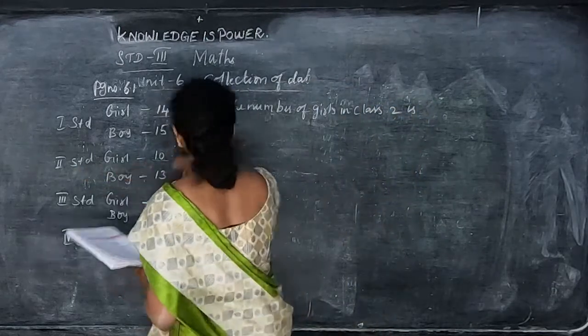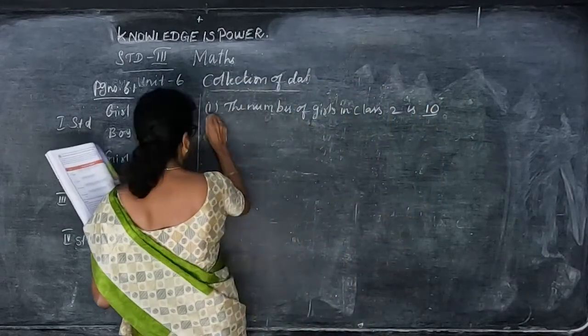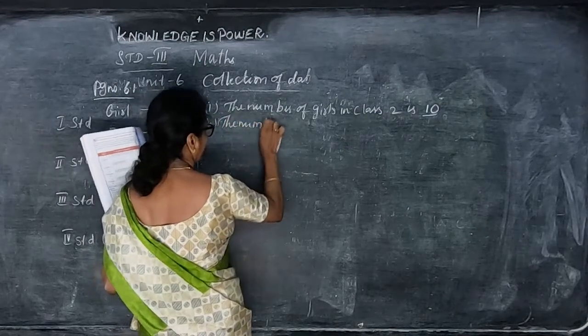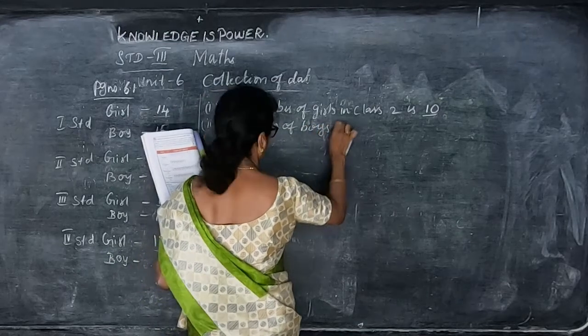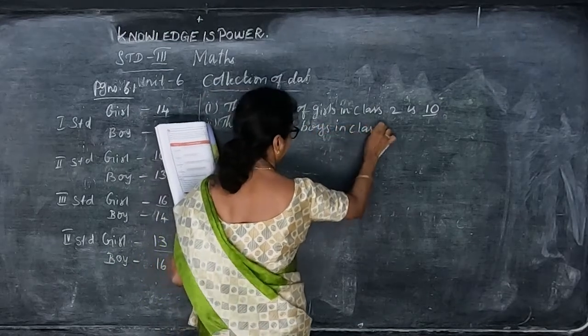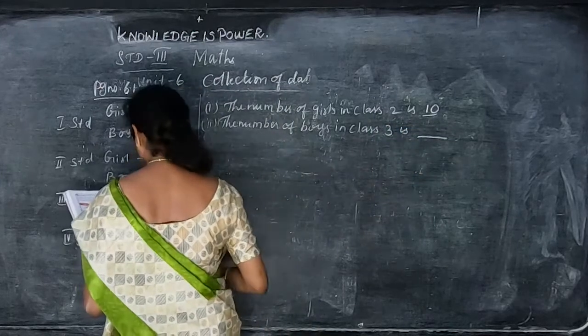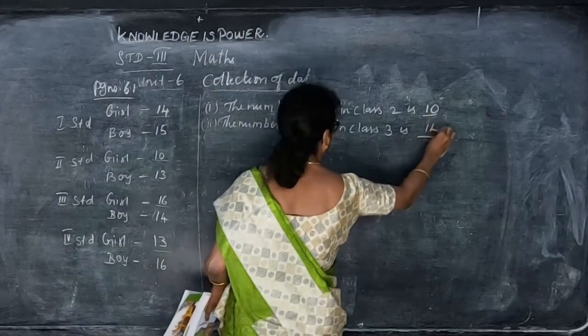Number of girls is 10. You can write 10. The number of boys in class 3. How many boys have we written in class 3? Here, third standard boys, we have written 14.